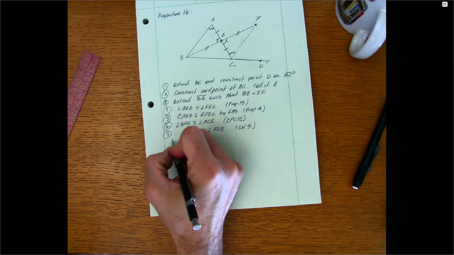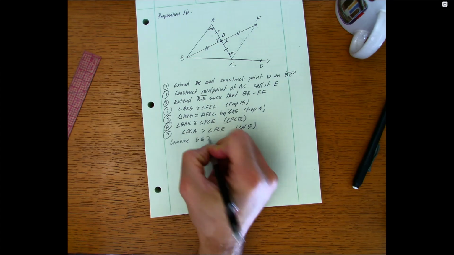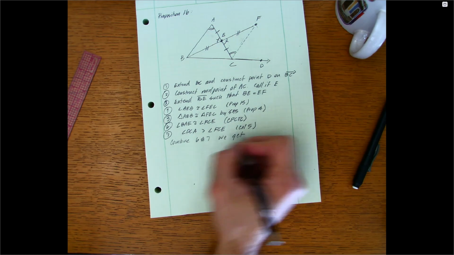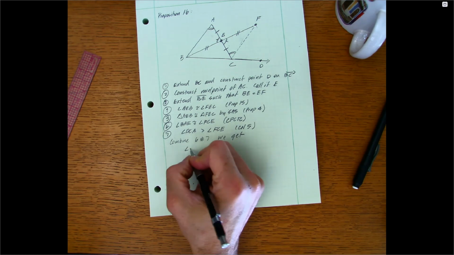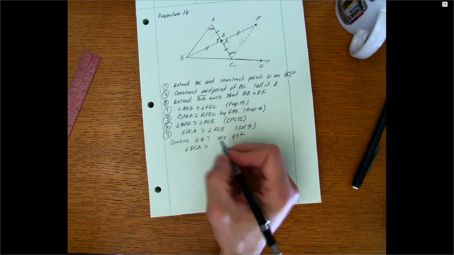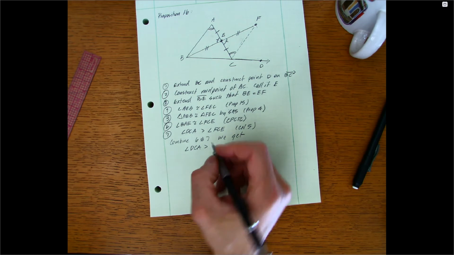So now he says combine 6 and 7. We get angle DCA is greater than, since 6 says that these two are the same, FCE is the same as BAE.